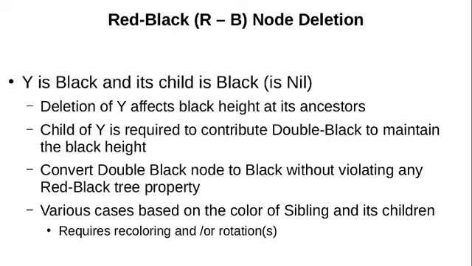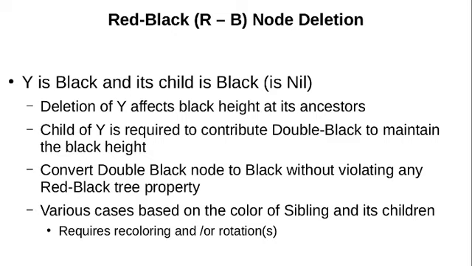As we know, the deletion of a black node decreases the black height at its ancestors, and the orphaned child of Y is left with the responsibility of contributing double black to maintain the black height at the ancestors of Y. The child node of Y, that is node X, is marked double black.